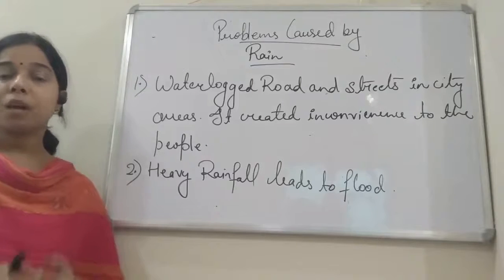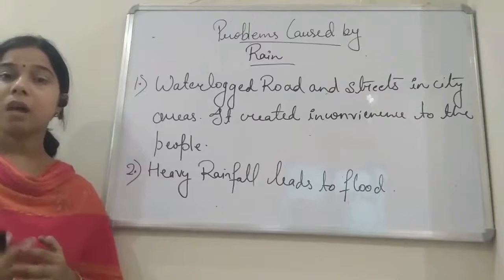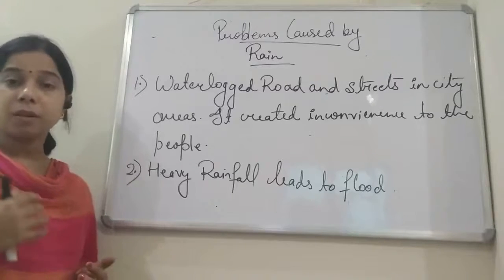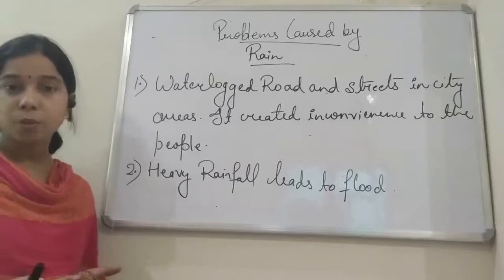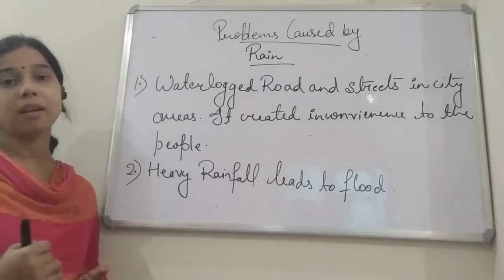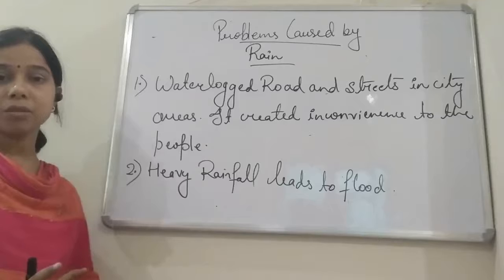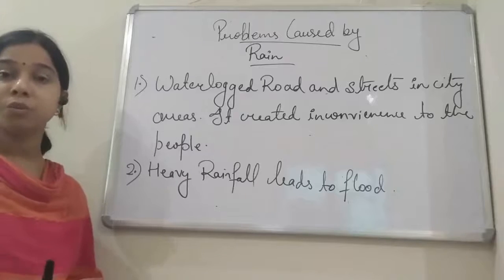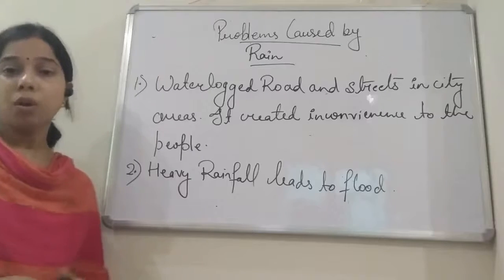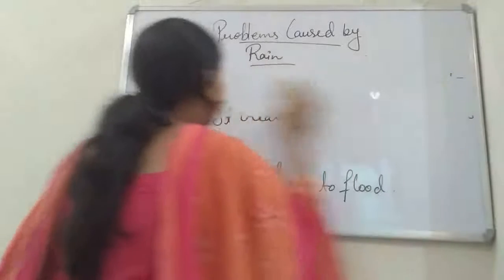It will clog the roads, the streets, as well as the houses. The city will get filled with water. The materials start flowing in the water, and this will lead to loss of property and life also. So the flood is really not a good thing, students, because heavy rainfall leads to the death of a lot of people. It will lead to loss of property as well as loss of lives.